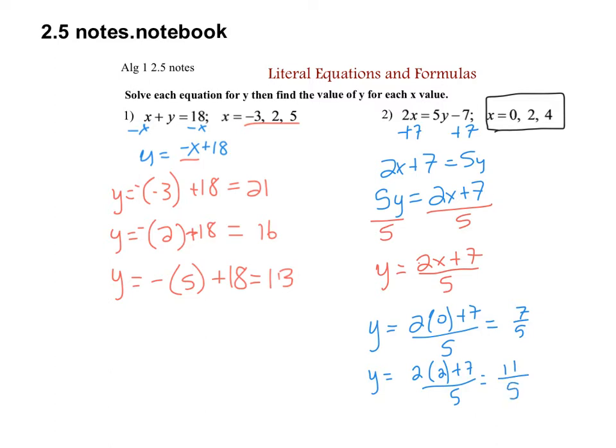For our last one, y is equal to 2 times 4 plus 7 over 5. We have 2 times 4, which is 8, 8 plus 7, which is 15, so we have 15 over 5. I can reduce that to 3.